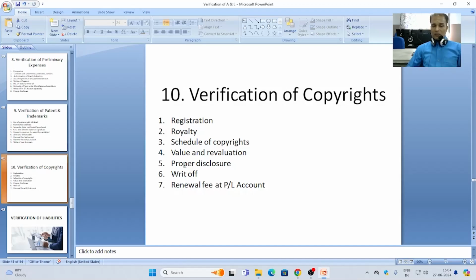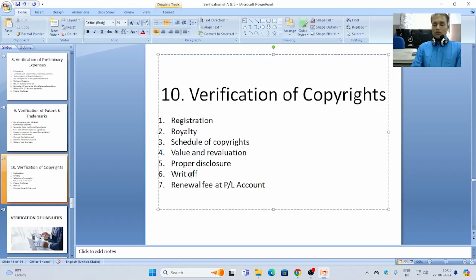Proper disclosure regarding the copyrights in the books of accounts should be verified by the auditor. Copyright also has a treatment like preliminary expenses, that is, it is written off. It should be written off properly in the books of accounts by the accountant.